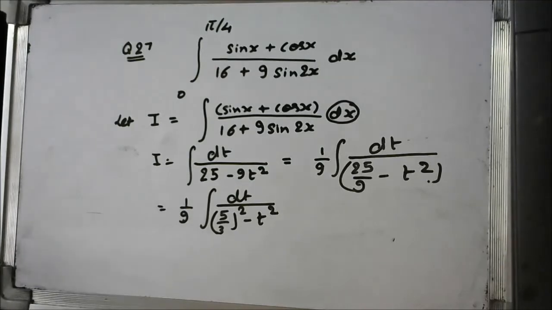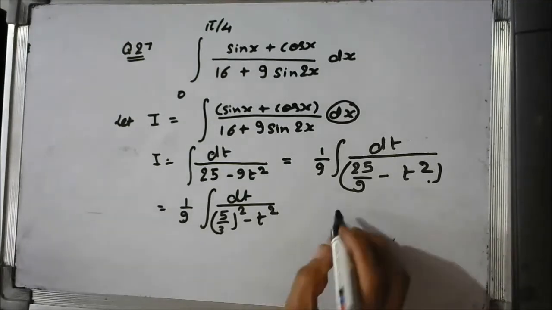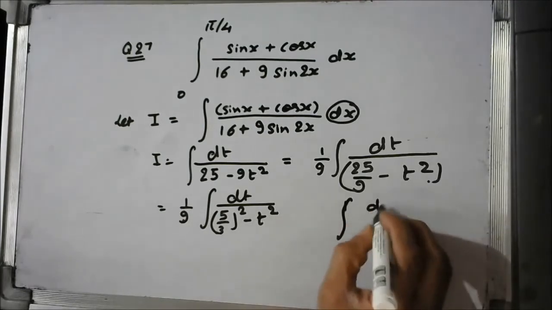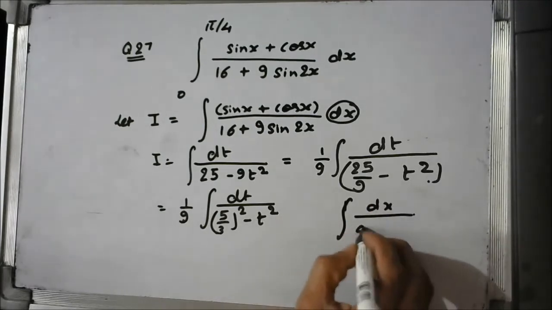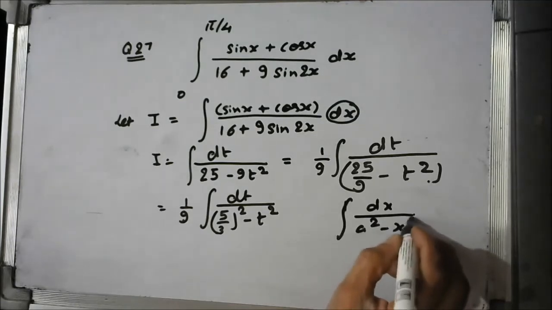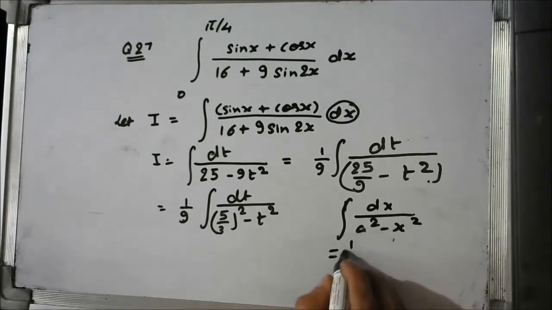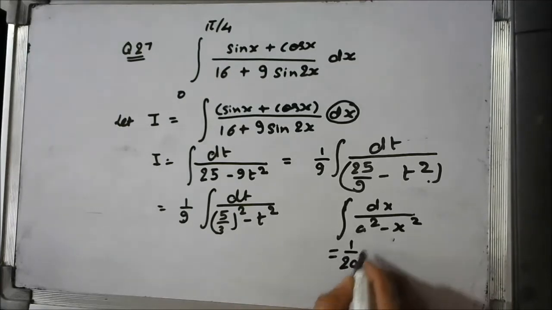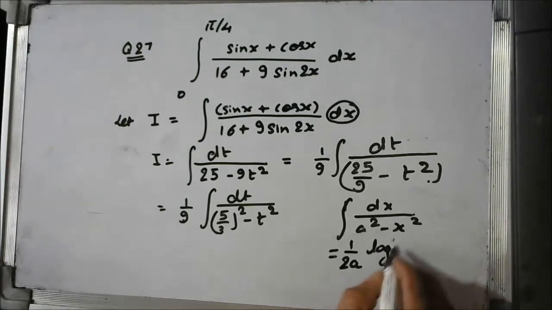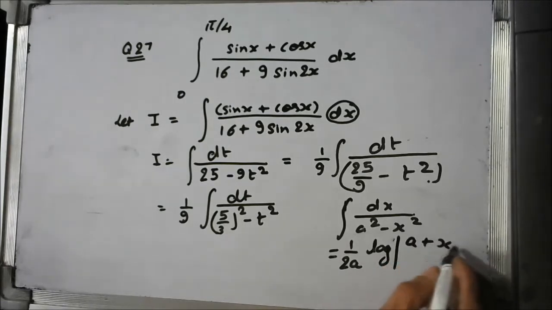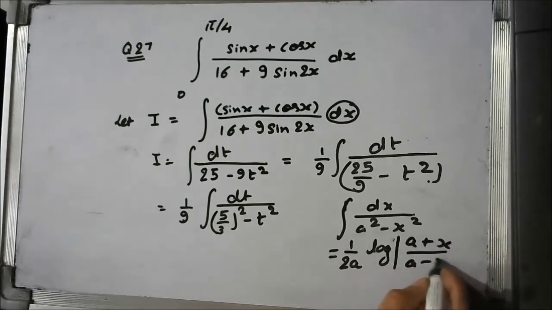Now this integral is of the form integral of dx upon a square minus x square, which is a standard integral with the result 1 upon 2a log of magnitude of a plus x upon a minus x.